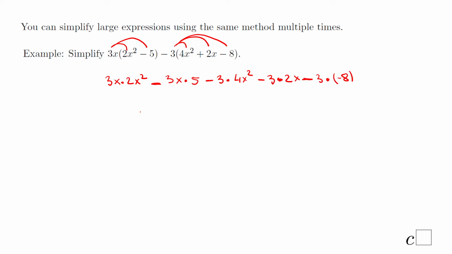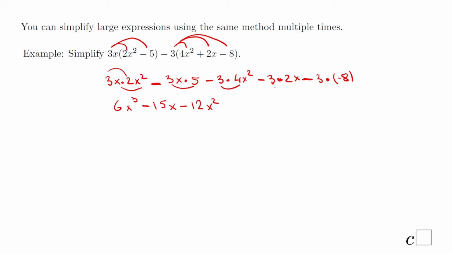So let's see what we have here. We have 3 times 2, that is 6. x times x squared is x cubed, minus 3 times 5, it's 15, just 15x. We finish with the second multiplication. Minus 3 times 4, it's 12, 12x squared.